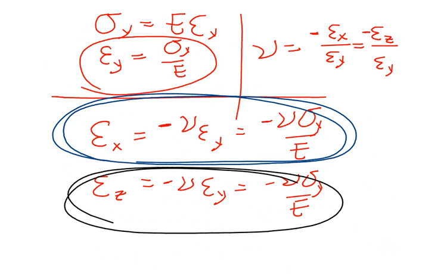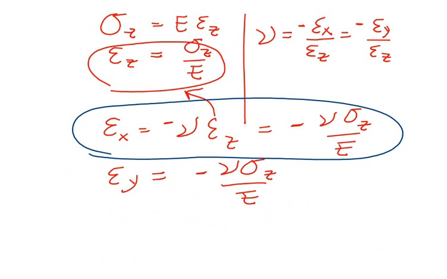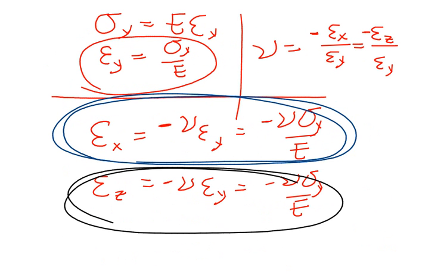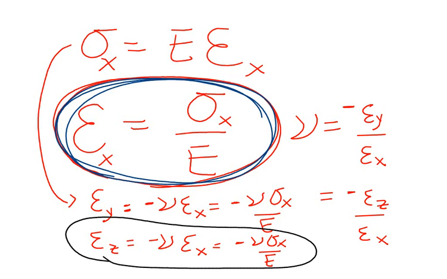And then due to sigma z, I have this. Applying superpositioning means I add up the three strains in the x direction to get the total strain in the x direction. I add up the three strains in the y direction to get the total strain in the y direction, and then I add up the three strains in the z direction to get the strains in the z direction.